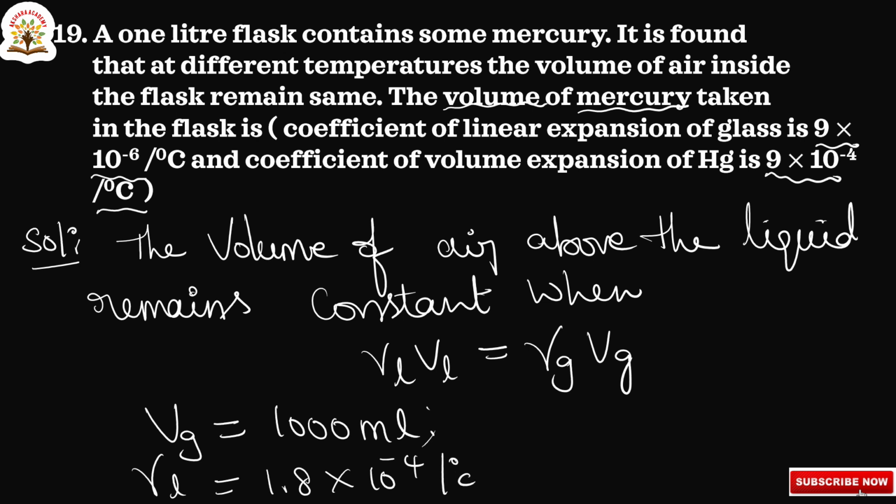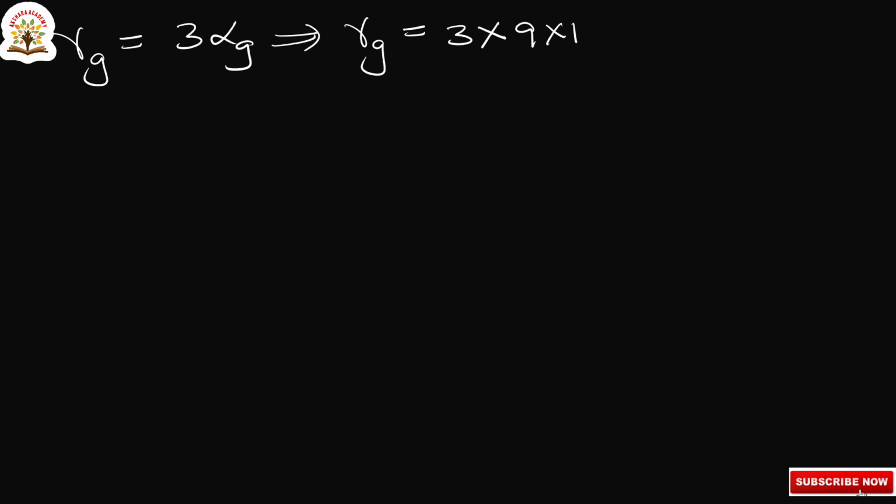And next we have to calculate, given the coefficient of linear expansion of the glass, the volume of mercury in the flask. So VL is equal to question mark, and gamma G is equal to 3 alpha G. So that implies gamma G is equal to 3 into alpha G, given as 9 into 10 to the power of minus 6 per degree centigrade.